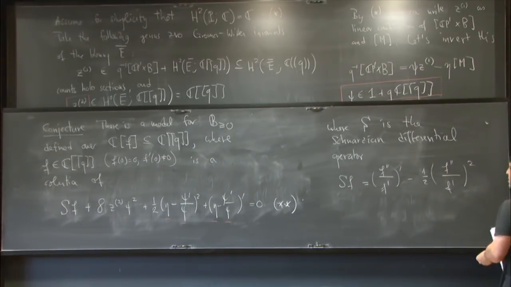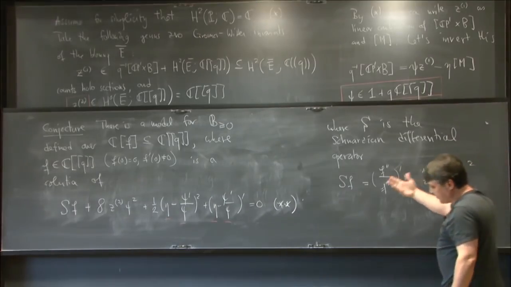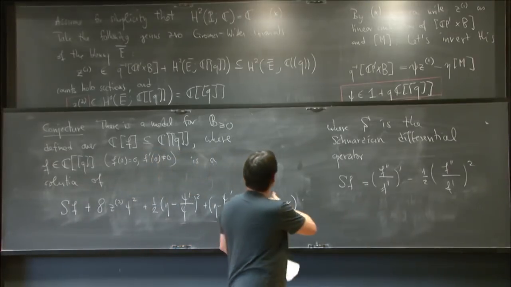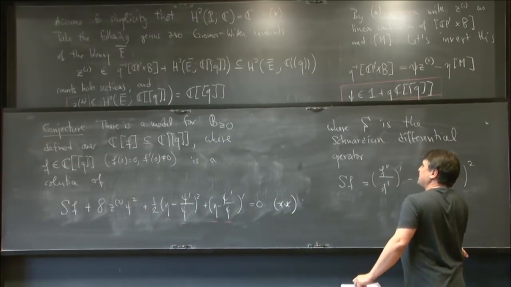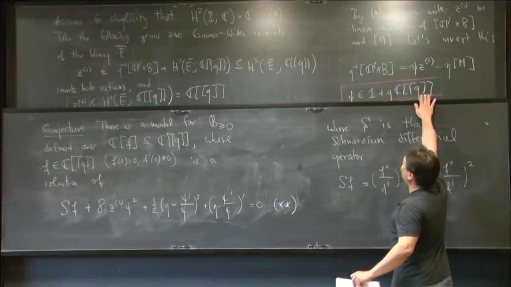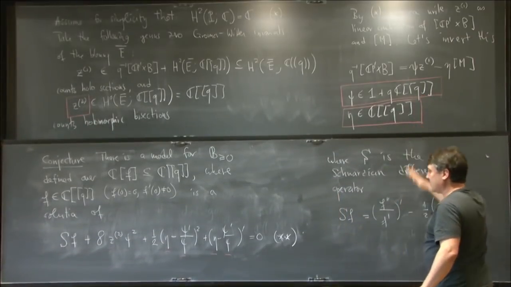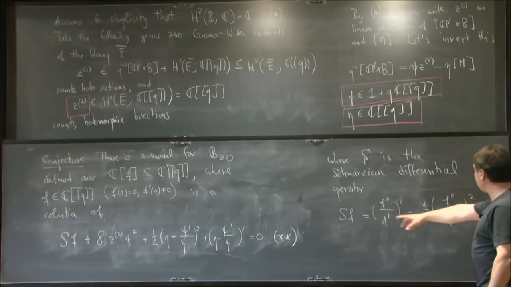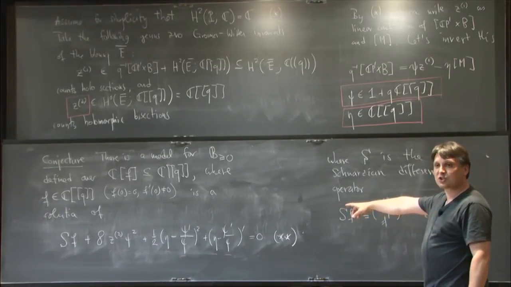This is a famous operator because of its properties under conformal transformations of the variable Q. Since we're aiming for something that's some statement about rational curves, about rational dependence, it's kind of natural that it appears. So this is a highly nonlinear third order differential equation.